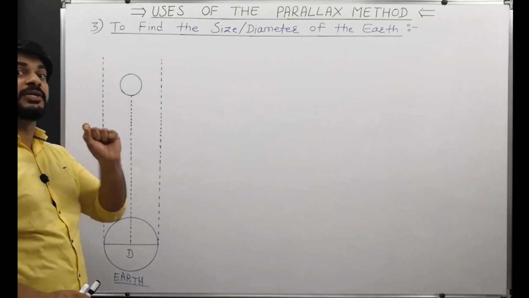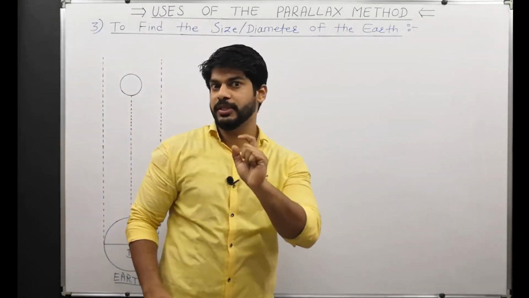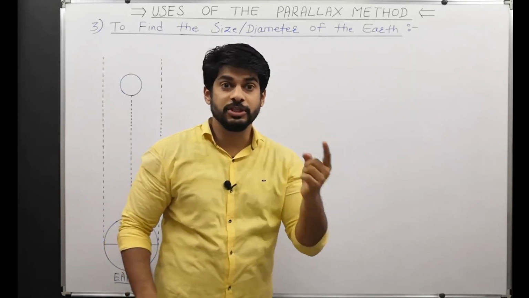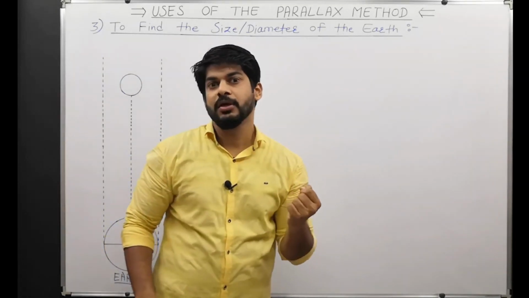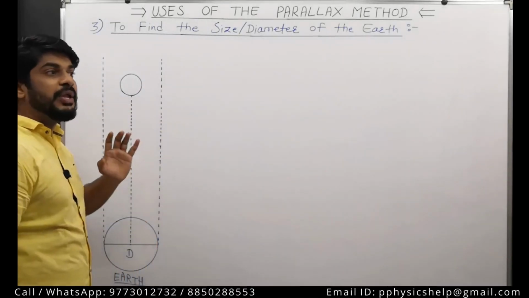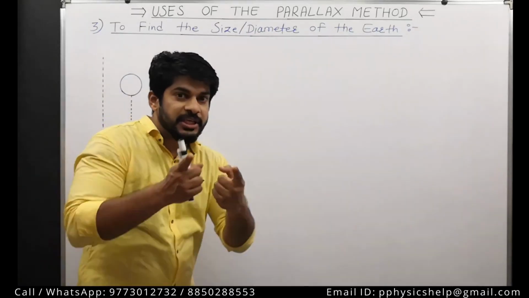Now I require a distant object. If you have done the experiment just now, you must have observed that distant objects don't change their positions at all with respect to the nearby object. So we have to choose something which will not change its position, which will appear to be in the same direction.